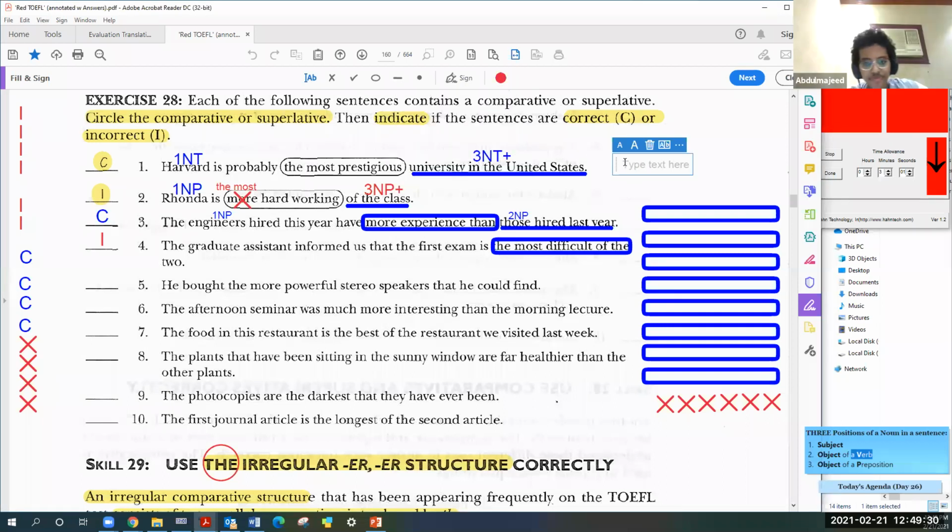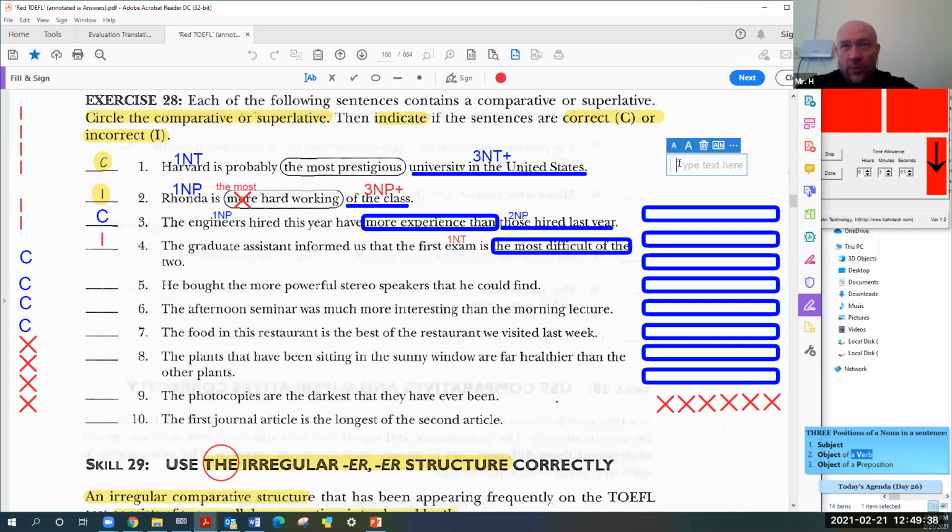Yes. First exam. This is more difficult. First exam. Then what do we have? The second exam. We only have 2 things, gentlemen. Only 2. So where's the problem?